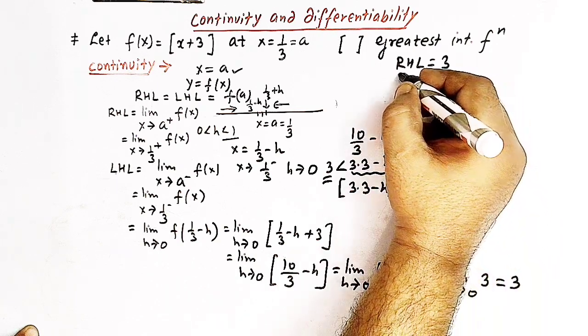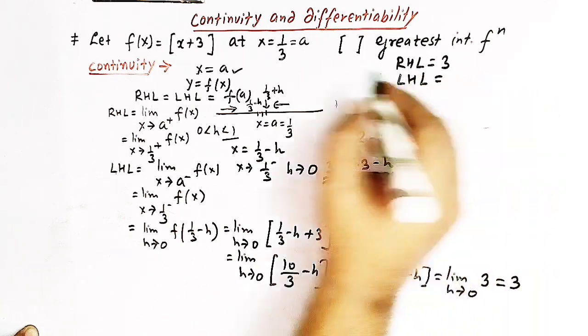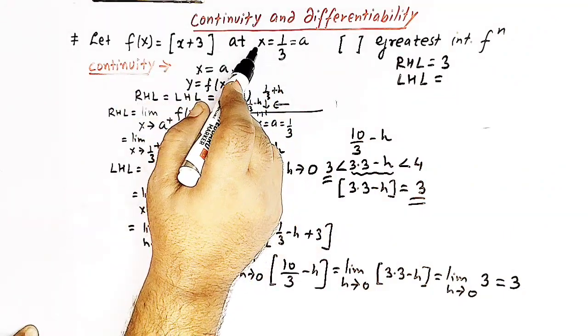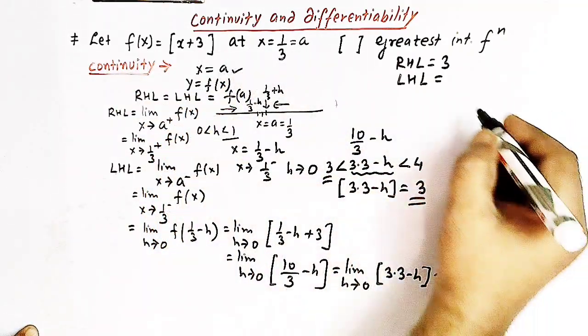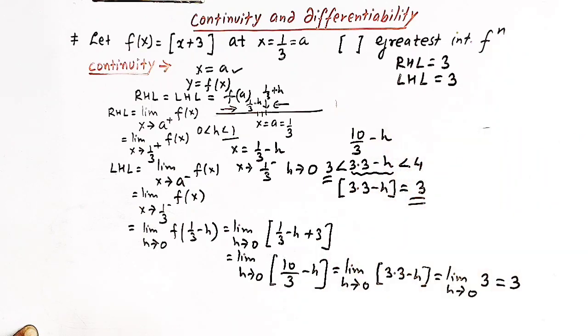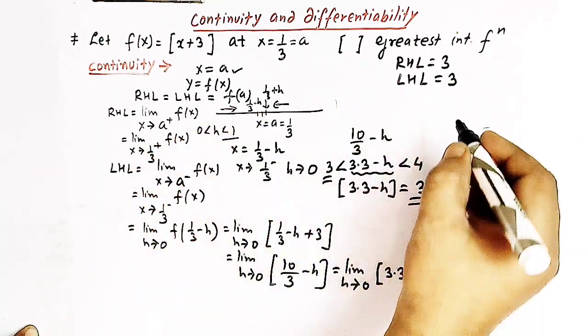So we see that the left hand limit of this function when x approaches 1 over 3 is equal to 3, right? Now let us calculate f of a.